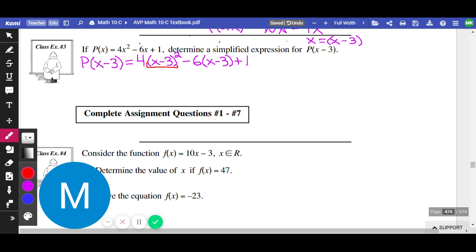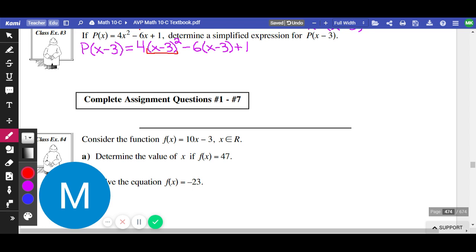I'm just going to run out of space, so I'm going to do my area diagram right here. I need to do x minus 3 times x minus 3. Remember that stuff? Yeah. So this would turn into x squared, negative 3x, negative 3x and positive 9.